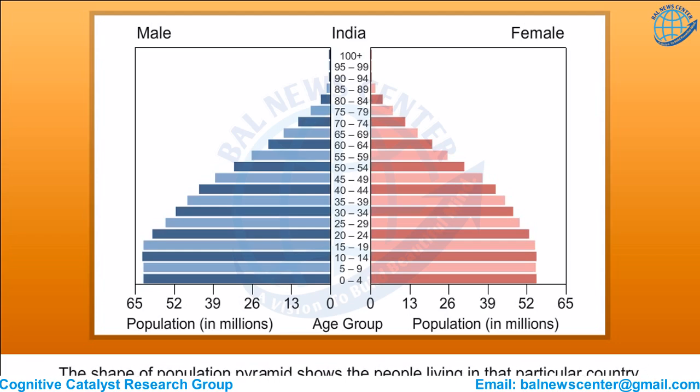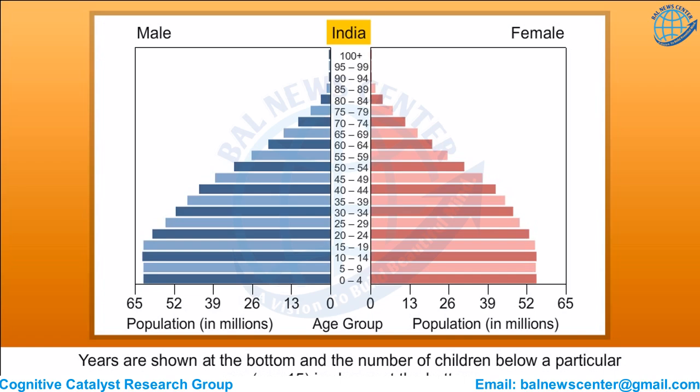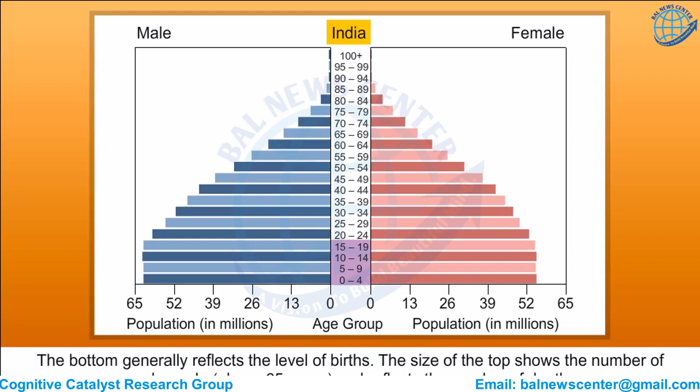The shape of the population pyramid shows the people living in that particular country. Years are shown at the side, and the number of children below a particular age, say 15, is shown at the bottom. The bottom generally reflects the level of births.